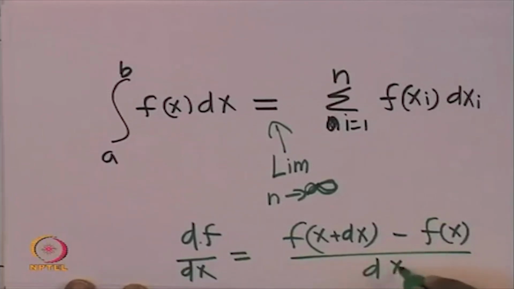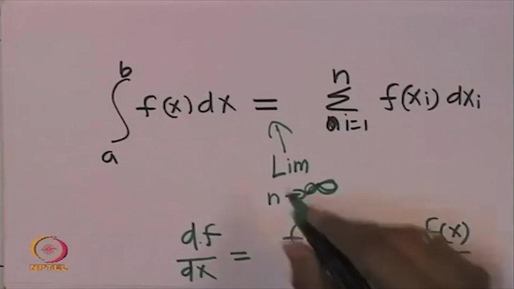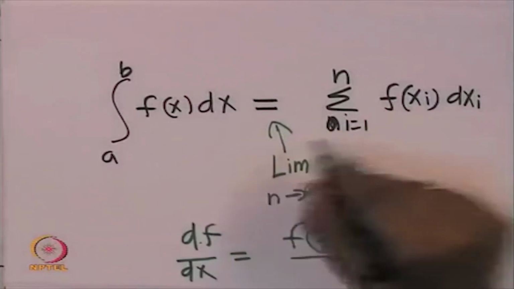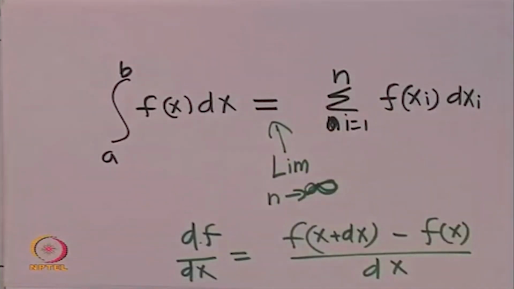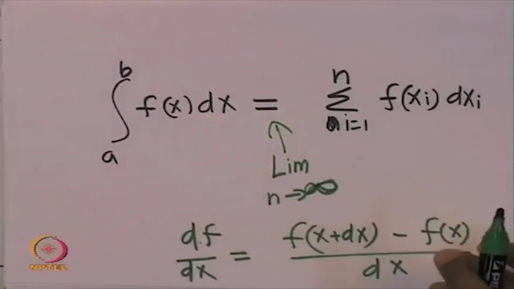When dx is very small, when this quantity is very small, then these two will be equal. Similarly here, in the limit n tends to infinity, this will be equal. So, the correct thing is to divide this into a large number of parts and then calculate the area.